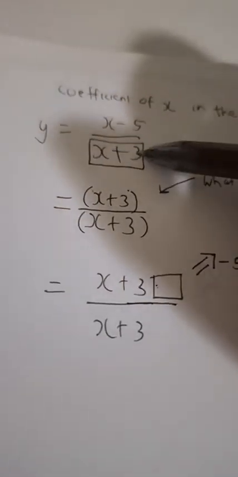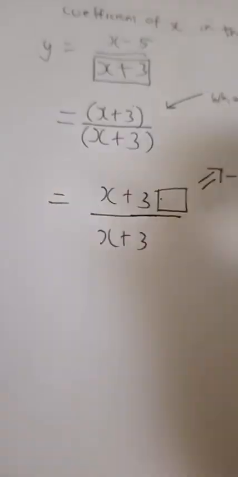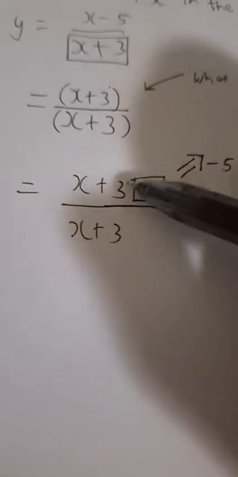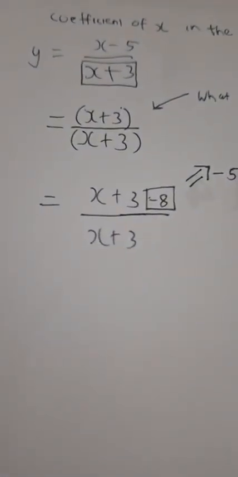We write x plus 3 in the denominator, and then we reproduce that same x plus 3 in the numerator. Then we know we had negative 5 as our second term. My question then is, what do we add to positive 3 to get negative 5? So yes, you guys are right, it's minus 8. At least Faisal is right, it's minus 8.